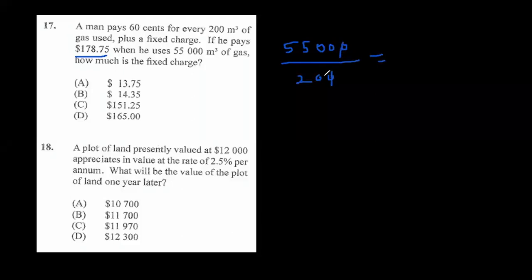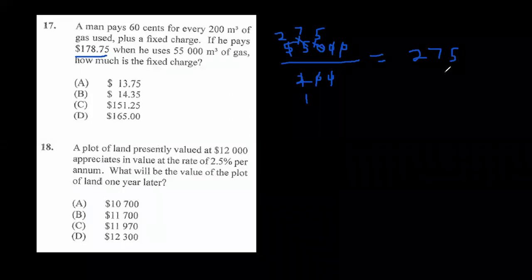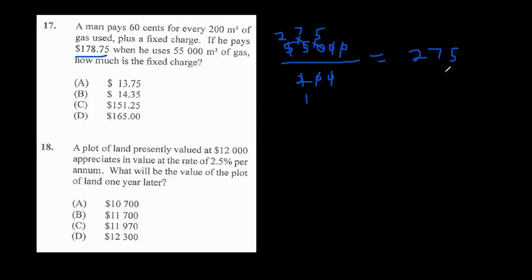That's gonna be what? 5 is 2, remainder 1. 2 to 15 is 7, remainder 1. 2 to 10 is 5. Okay, so I get 275. That tells me how many 200 meter cube units of gas there are in 55,000. You'll follow me with this so far. You'll understand why I divided by 200.